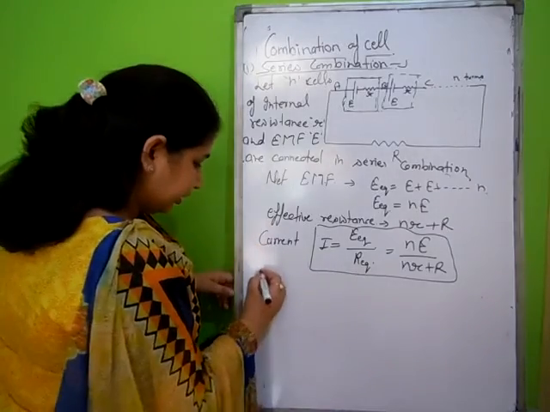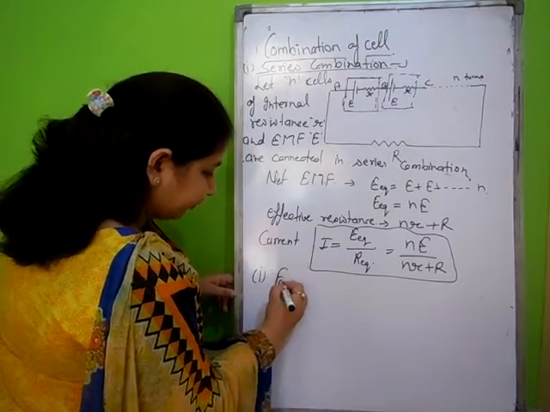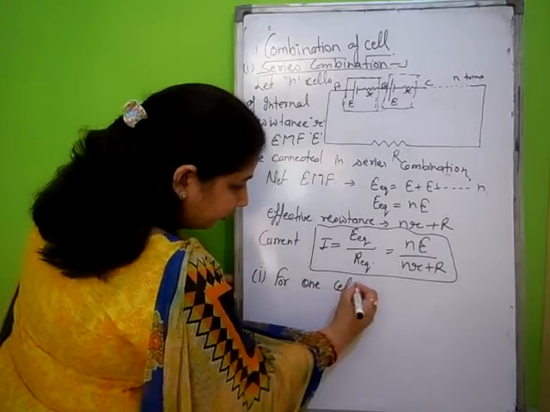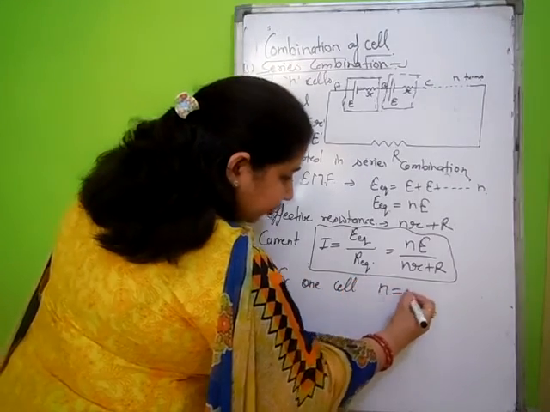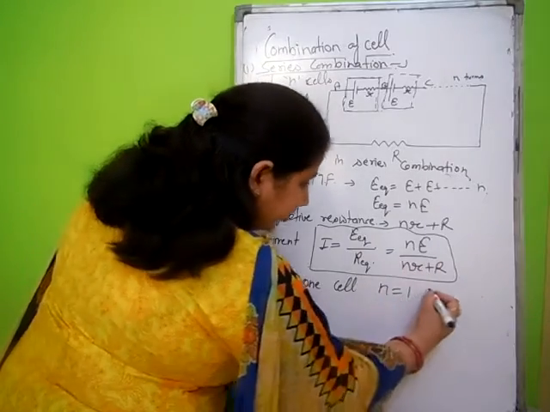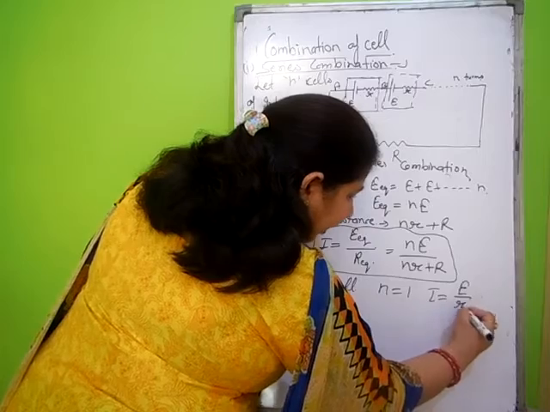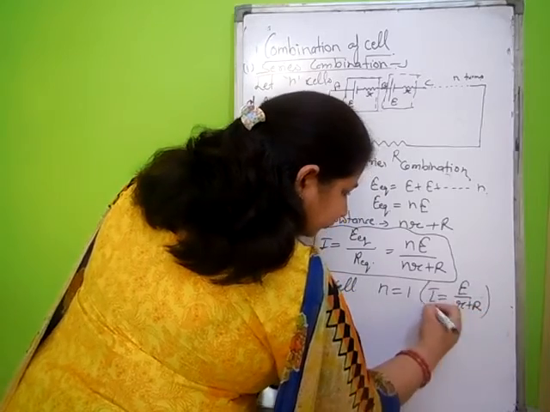Then the conditions: case first, for one cell, n is equal to 1, then we have I is equal to E upon r plus R. Got it?